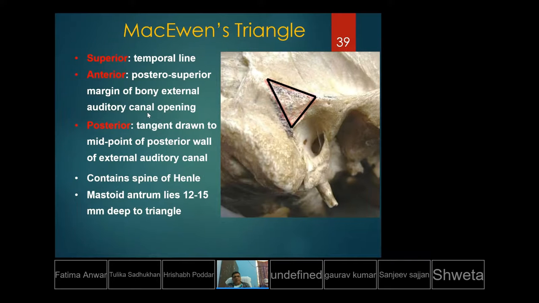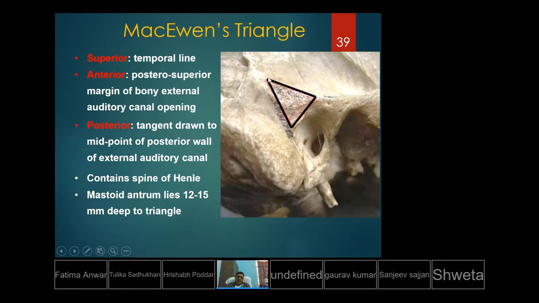Now, this MacEwen triangle is an important landmark over the lateral wall of the mastoid antrum, and this is triangular, bounded above by the temporal line.